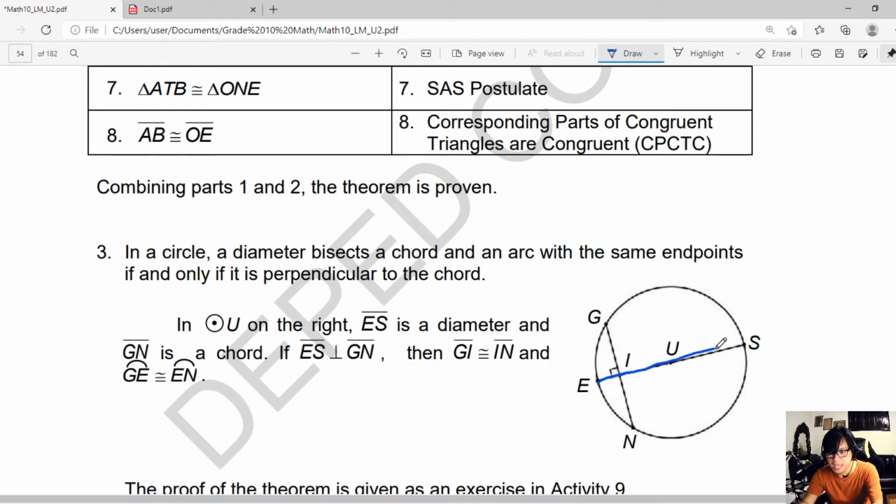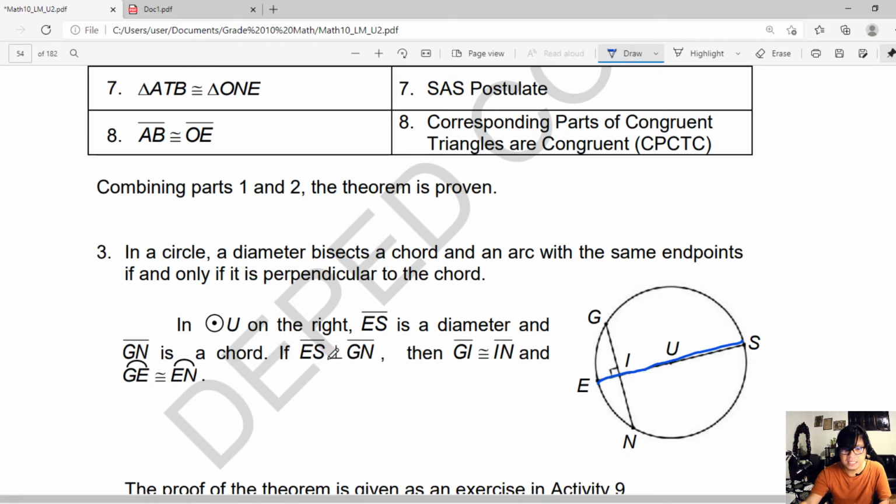So this one, ES, is a diameter. When we say diameter, it's the line on a circle that passes through the center of the circle, the actual center ng circle. And diameter is also considered as the longest chord. Remember niyo? So, segment GN is a chord.